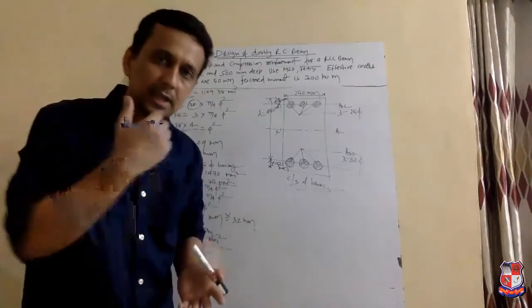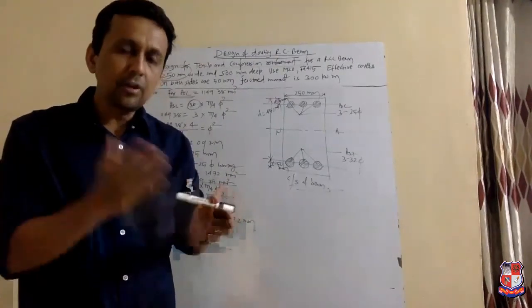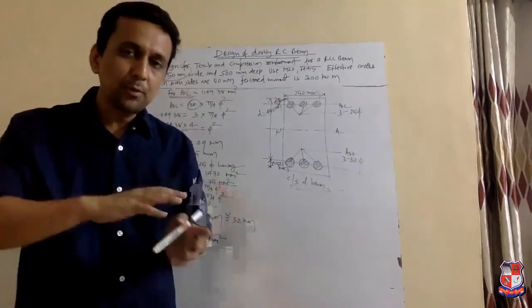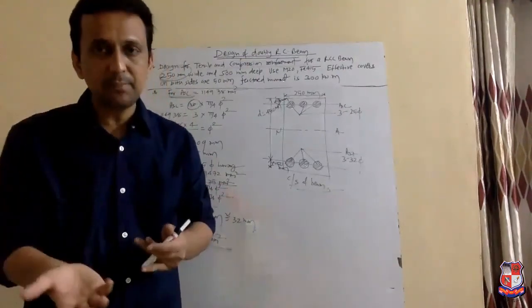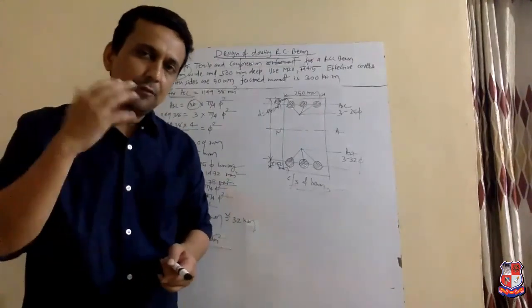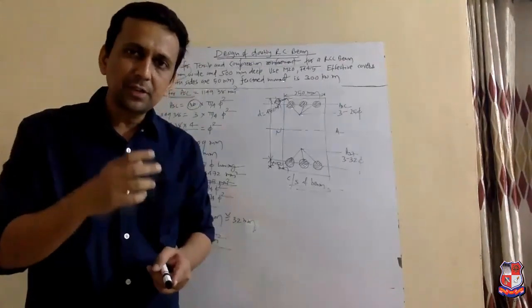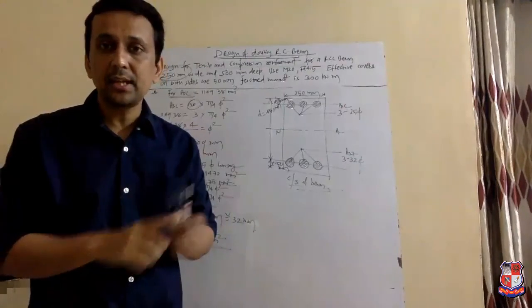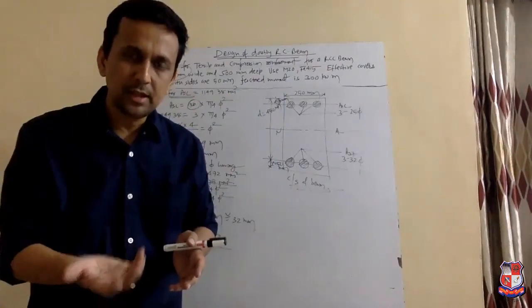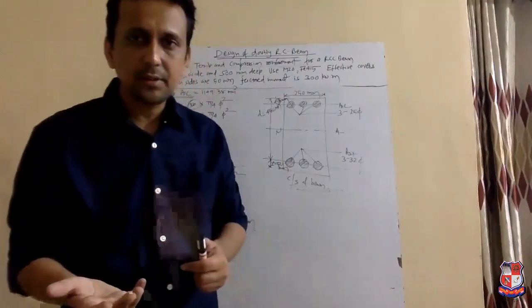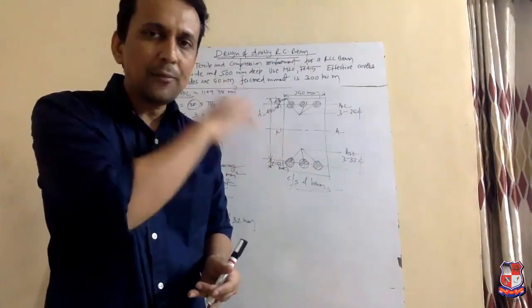It means whether the reinforcement we have provided is appropriate or not as per IS 456, in the form of minimum spacing criteria and maximum spacing criteria, as well as what IS 456 recommends: in a beam, a minimum percentage of steel with respect to its cross-sectional area should be there, and a maximum percentage of steel criterion is also there. So in the next lecture, we will check all those things using the data of this example.